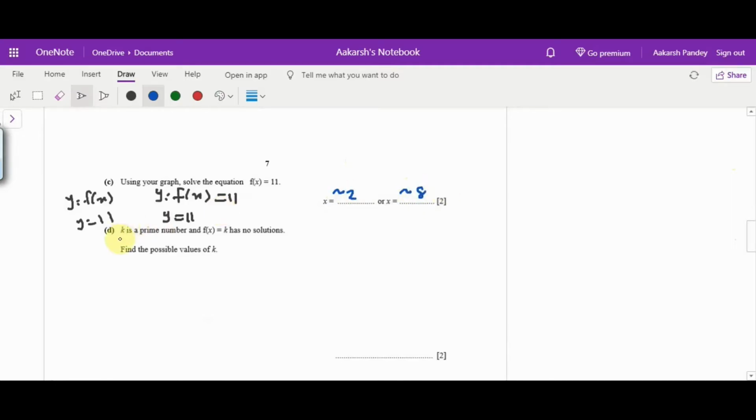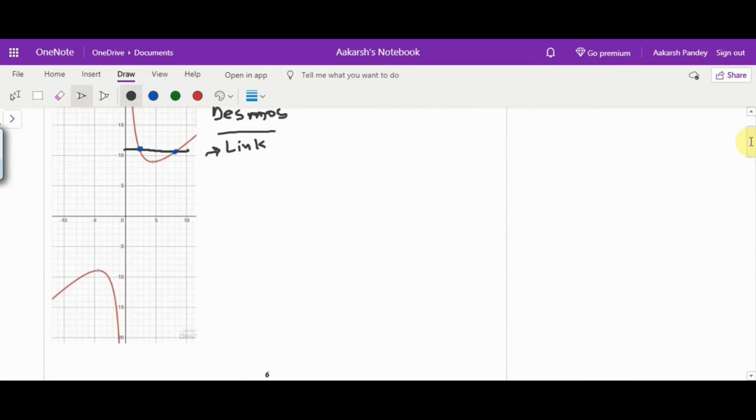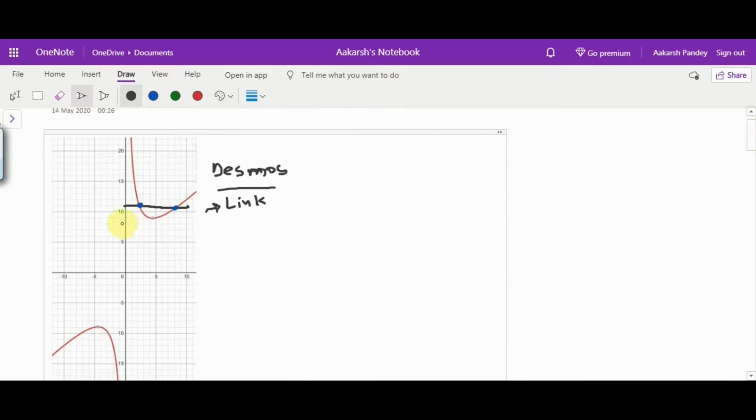approximately 8. Now k is a prime number and f of x equals k has no solutions. Find the possible values of k. Now similarly, f of x is equal to k, we have to find out for what values of y, when I draw a line, suppose this is some y equals k. So I want to know what is the minimum value of k so that I don't get any intersection between this y equal to k line and my other graph, which is y equal to f of x.